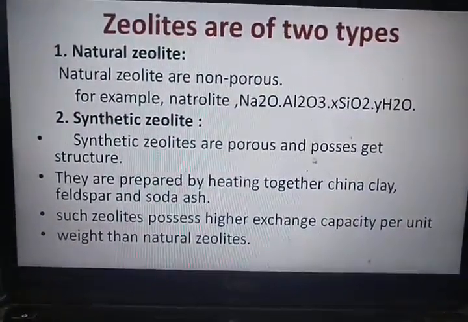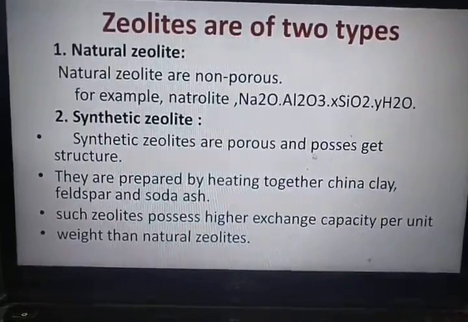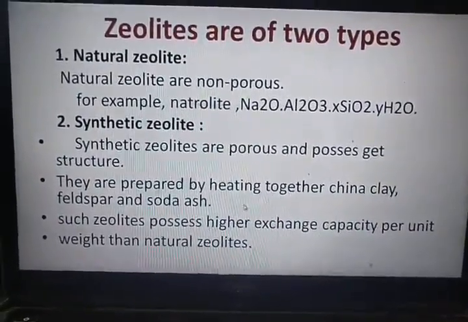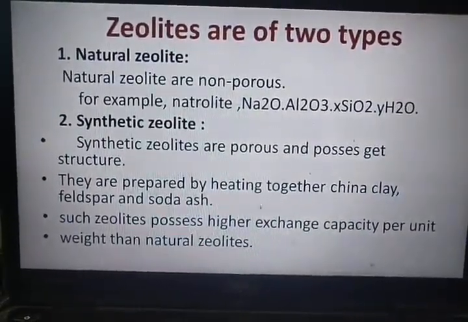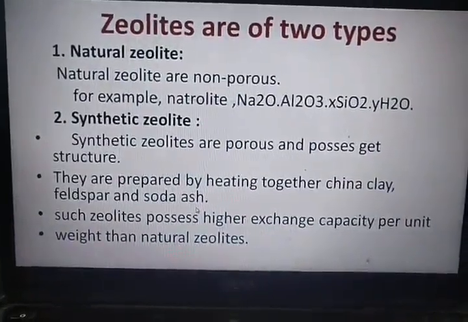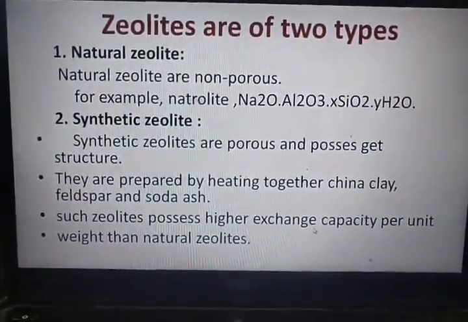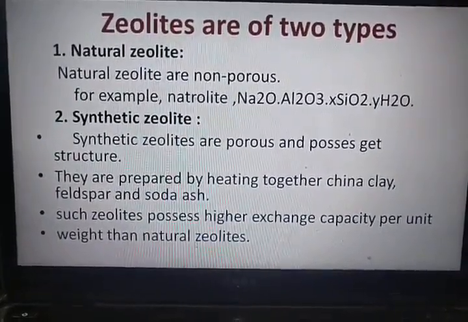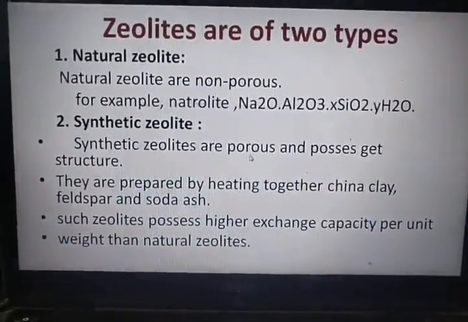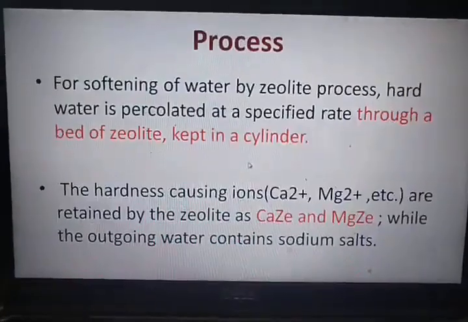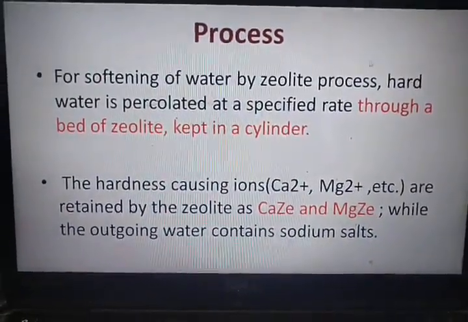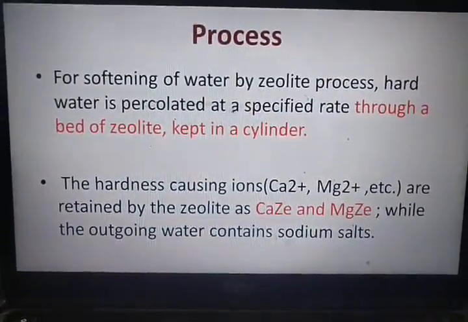Synthetic zeolites are porous and possess a good structure. They are prepared by heating together china clay, feldspar and soda ash. Such zeolites possess higher exchange capacity per unit weight than natural zeolite for the obvious reason that they are porous.